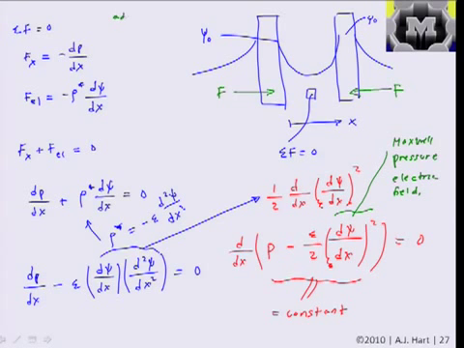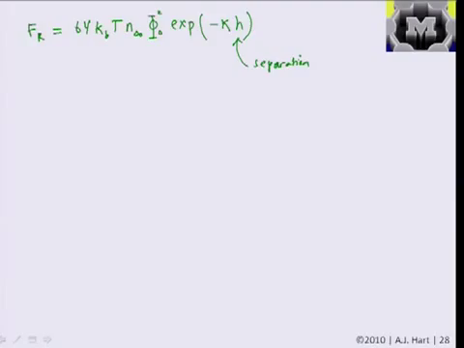So if we have additive potentials and that H is greater than the Debye length, then if I flip ahead one slide, we could solve that the repulsive force is equal to 64 times the thermal energy times the concentration at infinity times a quantity big phi squared, which I'll define in a moment, times the exponential of minus kappa h.